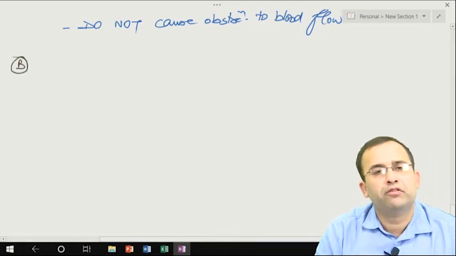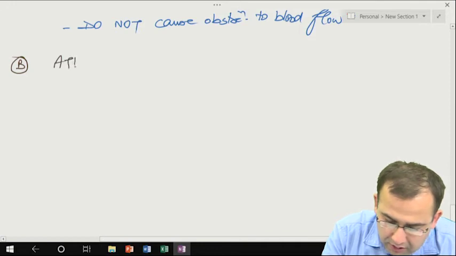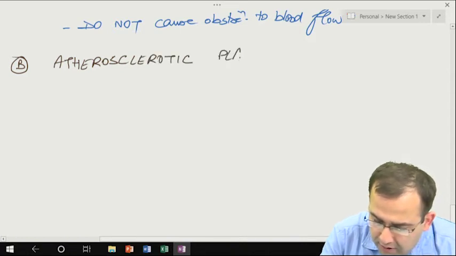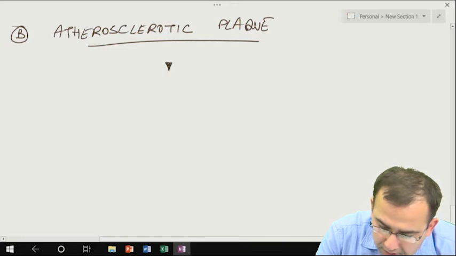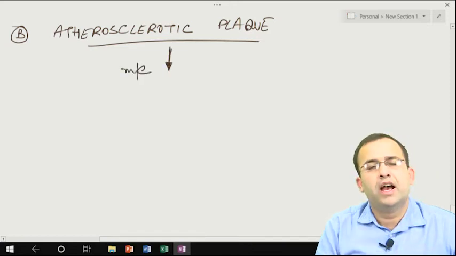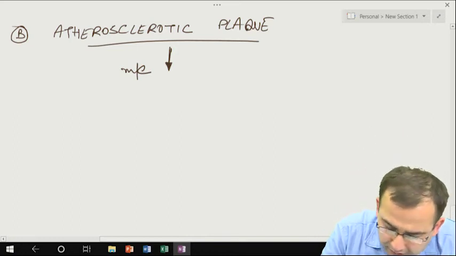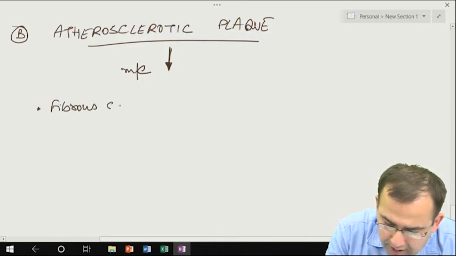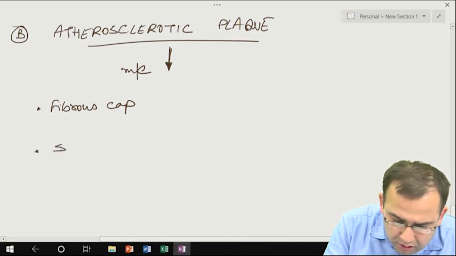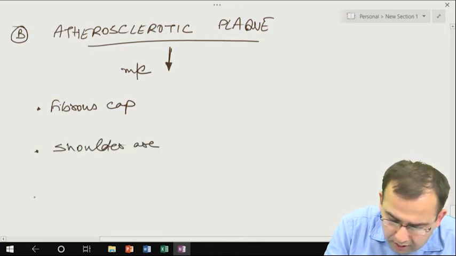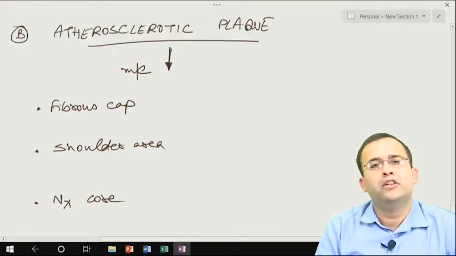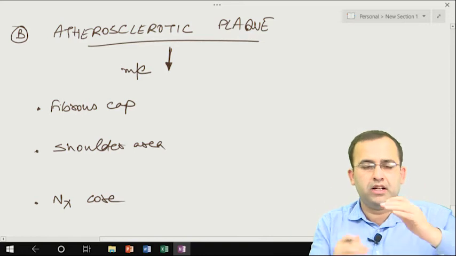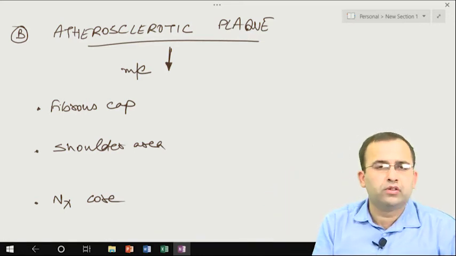The next morphology of atherosclerosis is the atherosclerotic plaque, which microscopically has three areas: the fibrous cap, the shoulder area, and the necrotic core. I'll show you what it looks like microscopically.